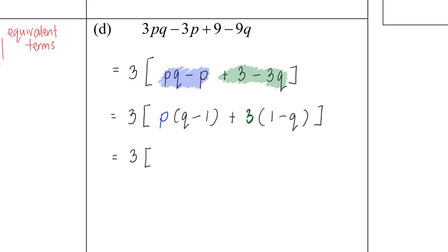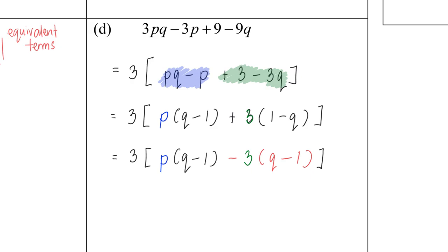it is important at this point to see what Mr. Tan will do again. Mr. Tan saw the opportunity to rewrite this second line in an equivalent form. Negative 3 times Q minus 1.